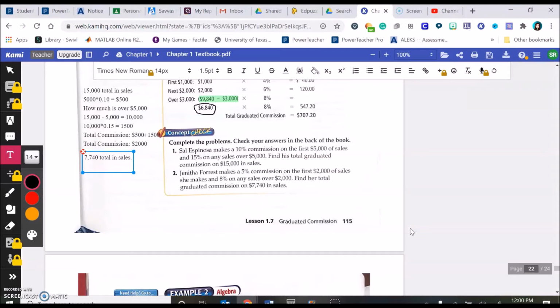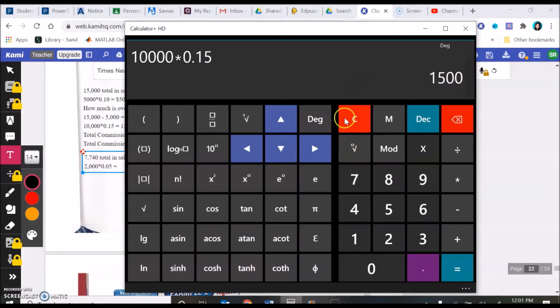The first $2,000, I'm multiplying by 5%, or 0.05. $2,000 times 0.05 is $100.